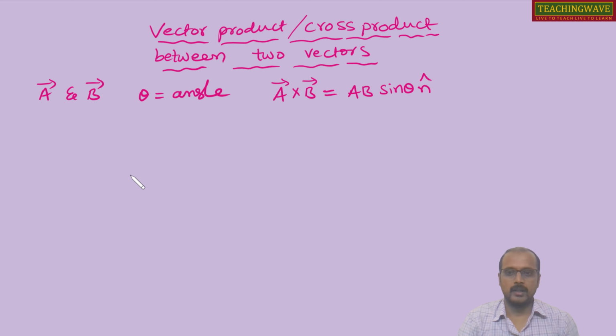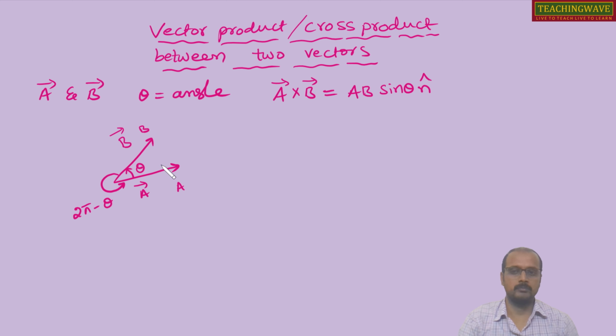For further understanding, let us take the geometrical representation of the vectors. A bar is the first vector, its magnitude is a. The second vector is b bar, its magnitude is b, and the angle between these two vectors is theta. That means a to b angle is theta, and b to a gives 2 pi minus theta, that is 360 minus theta.